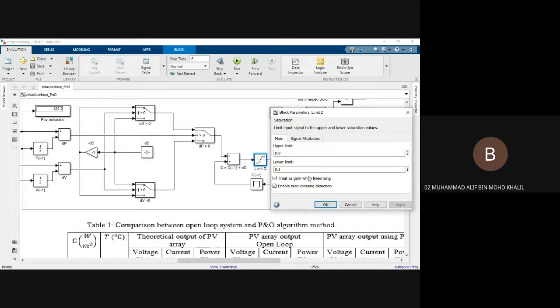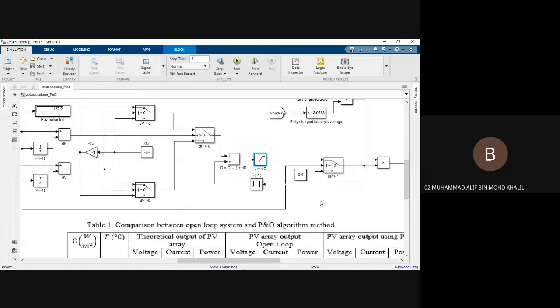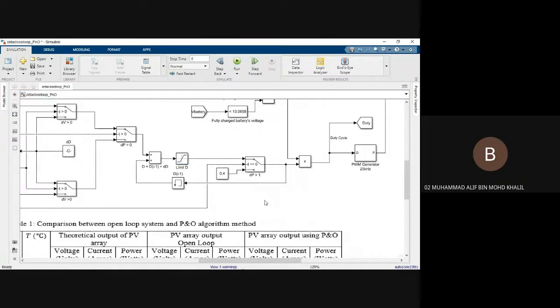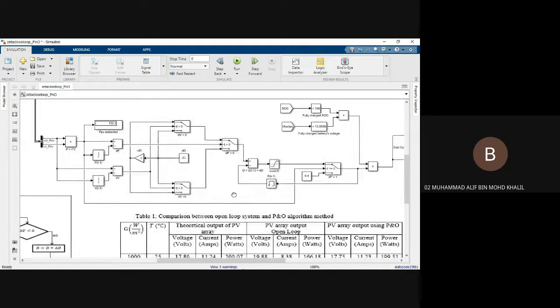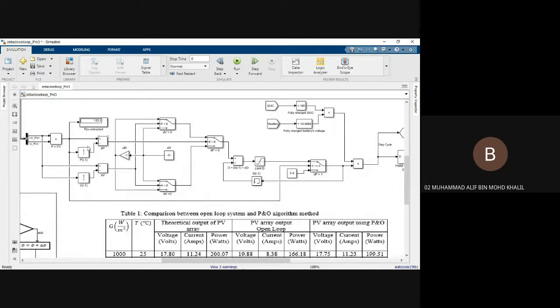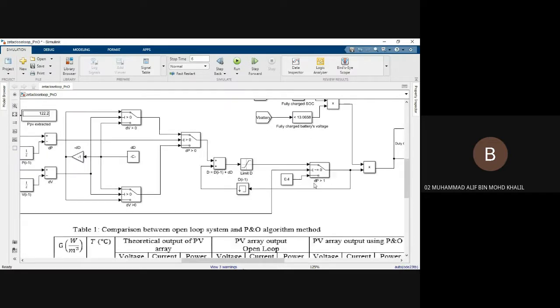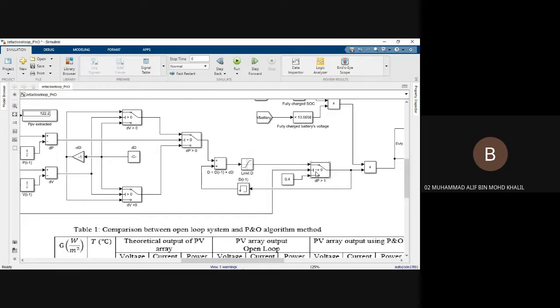I limit it to 0.1 until 0.9, so we will not exceed the boundary. And I put here another switch with the condition that P is not equal to 0.